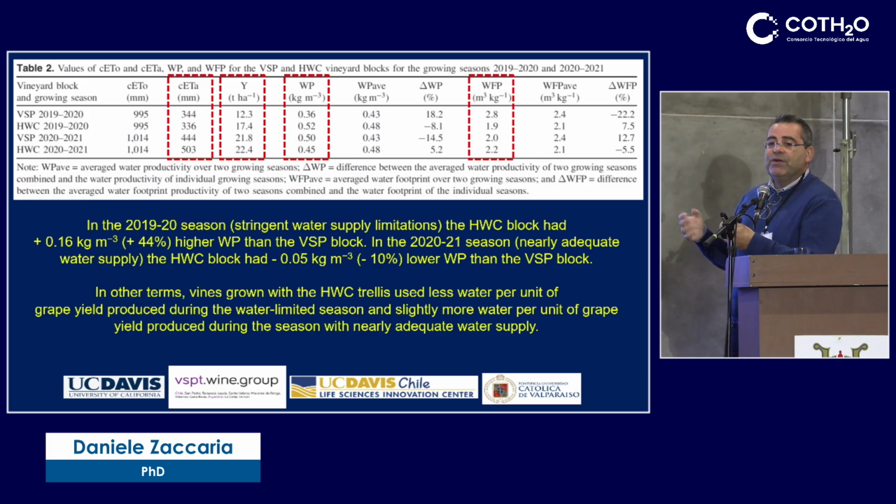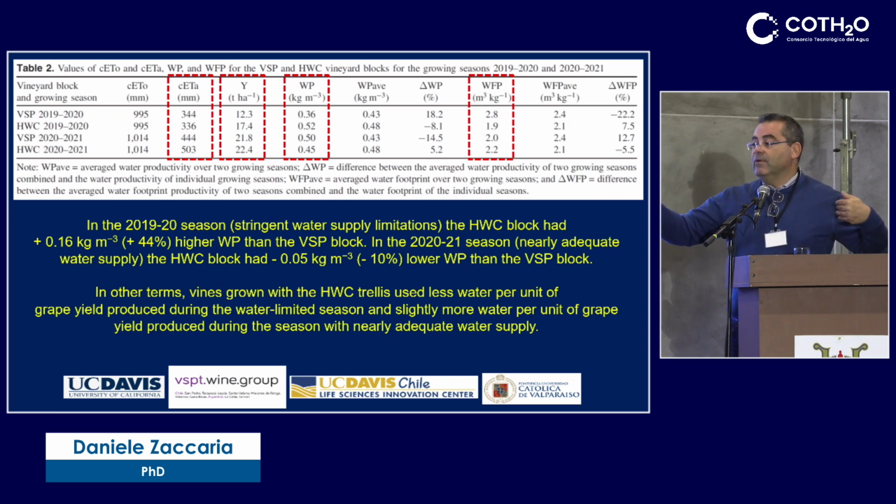They found a very similar result. So during the drought, the high wire cordon has a higher water productivity. And so now it's a matter of characterizing your climate and getting a sense of how many years are drought in 10 years.